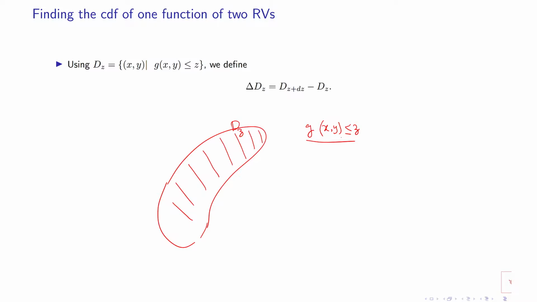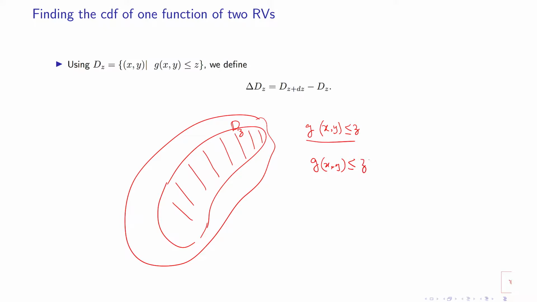If I increase z, this set increases. So if I consider g of x and y being smaller than or equal to z plus dz, more points will satisfy this inequality because it will be relaxed. So this area will become D of z plus dz.